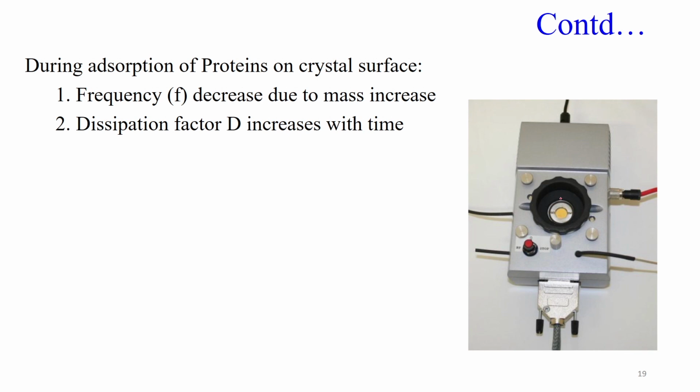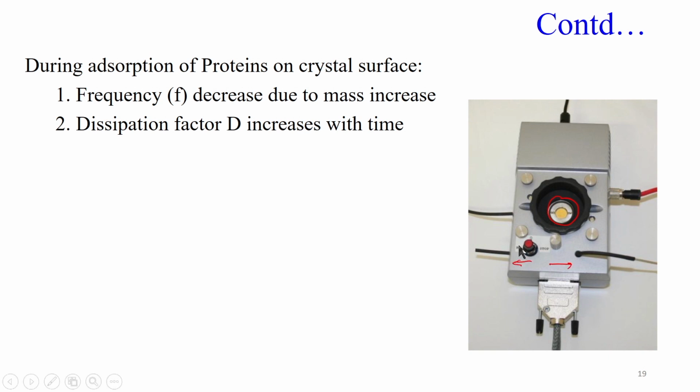If you see this yellow color, this is a quartz crystal. Here we are having some ports. In one port you can have the inlet, and here it shows you can tune whether to pass this direction or this direction.